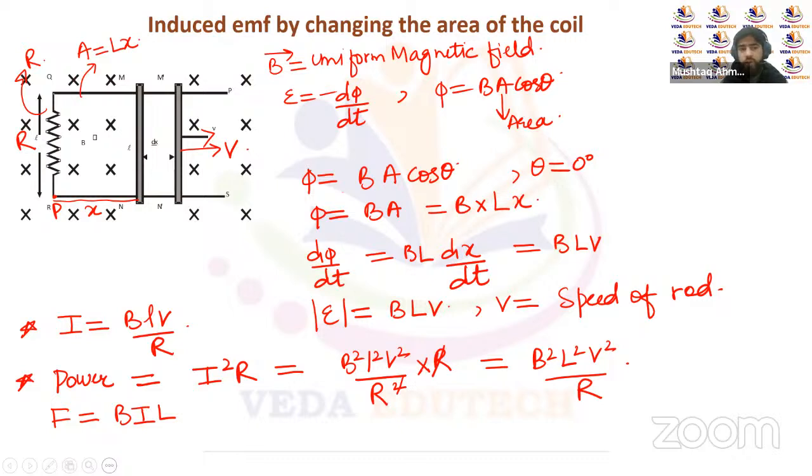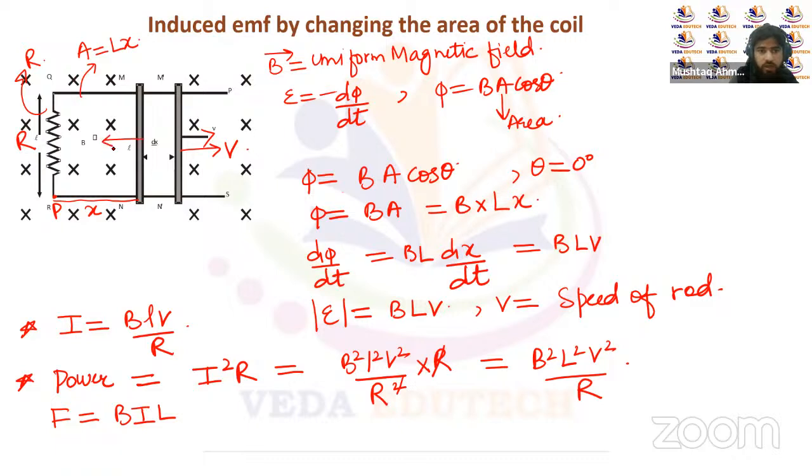So if the velocity of this rod towards the right tries to change the magnetic flux, then this force on the rod will try to reduce the magnetic flux through this coil. If the velocity of this rod is towards the right, then the direction of this force has to be towards the left, so as to reduce the flux changing through this area.